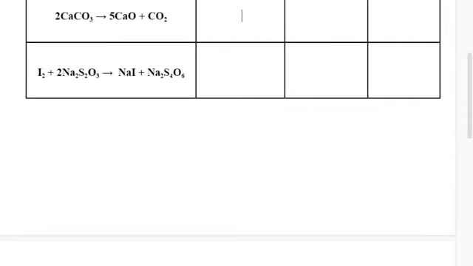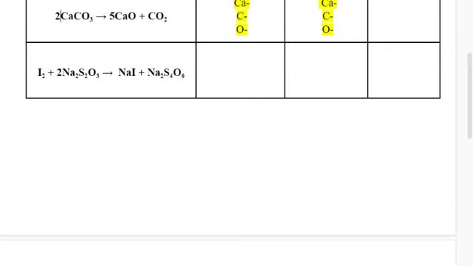Next up, you have Ca as the first one. C is the next capital letter. And then O is the last one. Again, I just copy and paste this because they're going to be the same on both sides of the equation, but the numbers are going to be different.